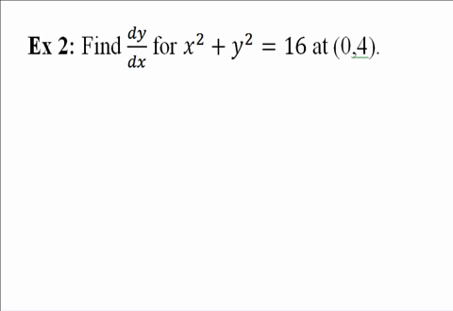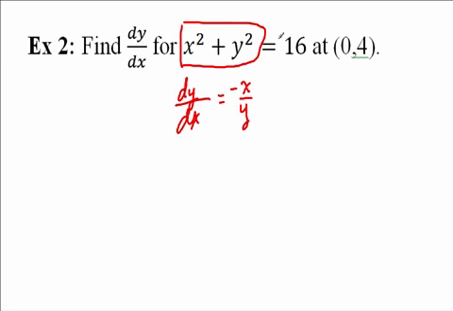Alright, the next question says, find dy/dx for this. So notice this is the same exact thing. This x squared plus y squared equals 16. So when you take the derivative, you get the same result. dy/dx would still equal negative x over y, because this piece did not change and this is a constant.